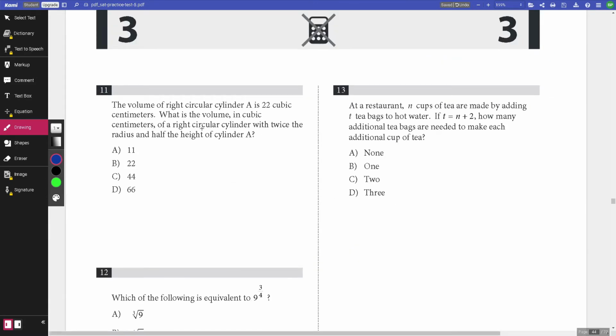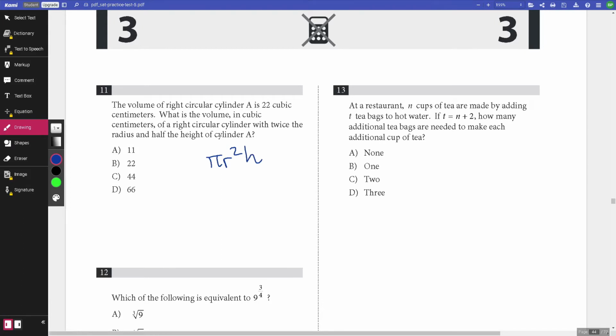Number 11, the volume of a right cylinder A is 22 cubic centimeters. What is the volume in cubic centimeters of a right cylinder of twice the radius and half the height of cylinder A? So we know that the volume of the cylinder is pi r squared h.